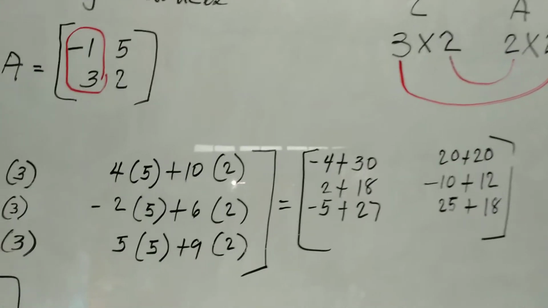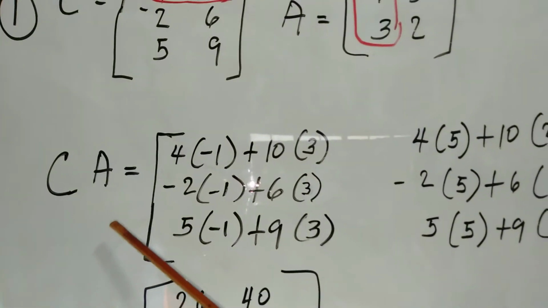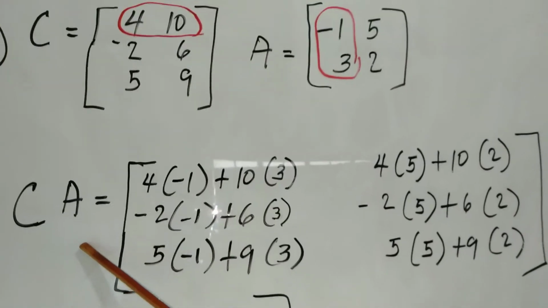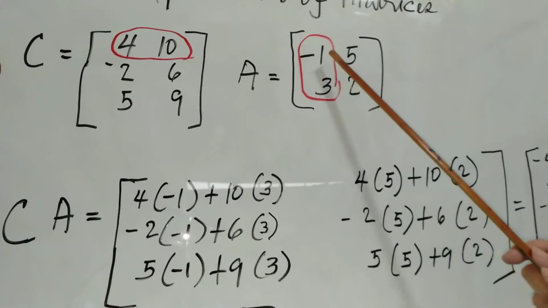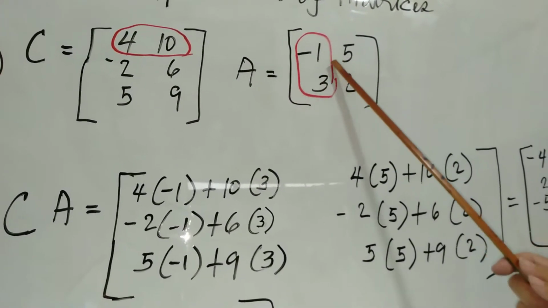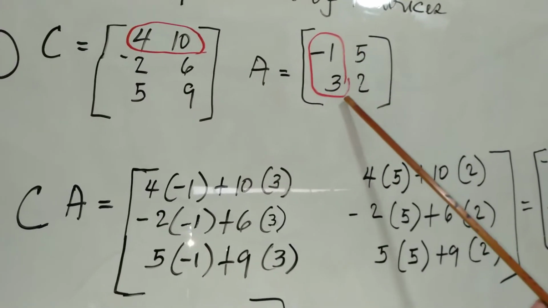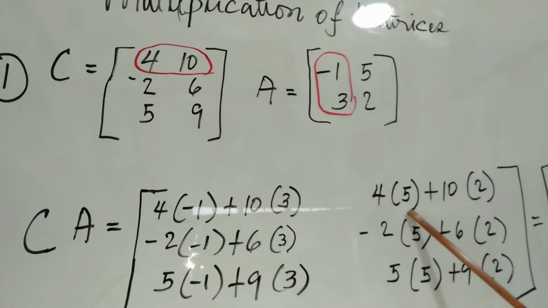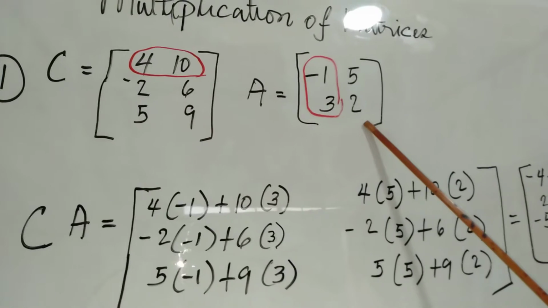So now we continue. Matrix C multiplied by A is 4 times the first number, negative 1, and 10 times the 3, and 4 times 5 plus 10 times 2.